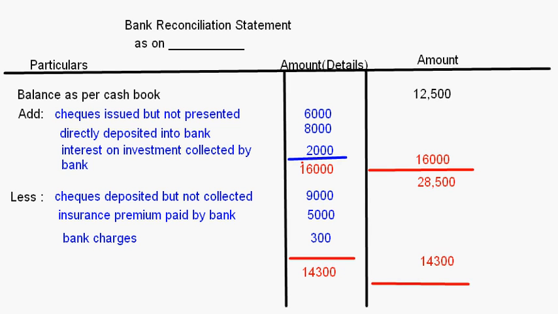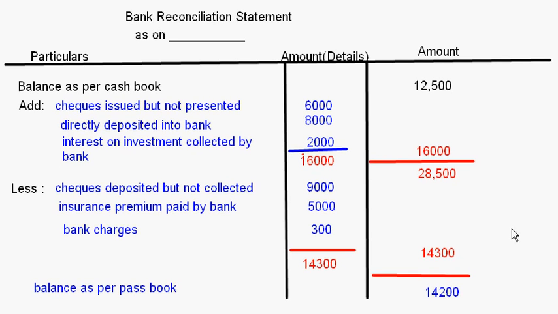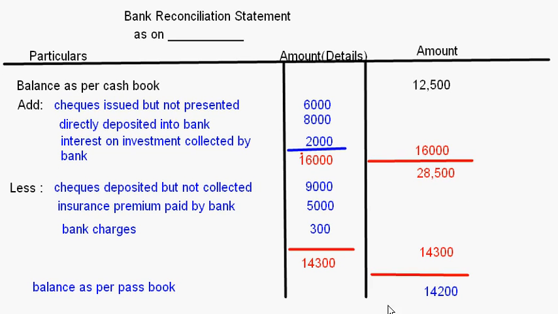So that basically gives you the answer here, which is the balance as per the passbook. This comes to 14,200, right? So this is your balance as per passbook, right? So this is the answer. This is how you will do this question, right?